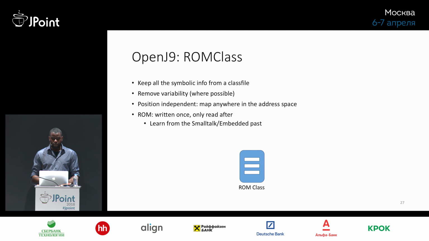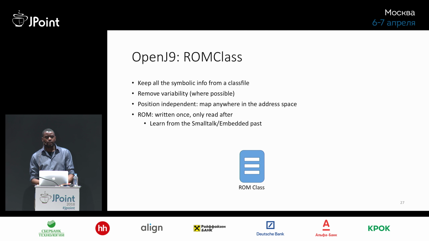So learning from our embedded Smalltalk VM background and the experiences with that, OpenJ9 splits the class file into two parts, ROM and RAM. ROM in this context basically means not written after loading. With embedded VMs, this would be done at link time, so you could actually put the ROM classes in ROM memory. But nowadays, we load the class structures and we don't write to them after that.